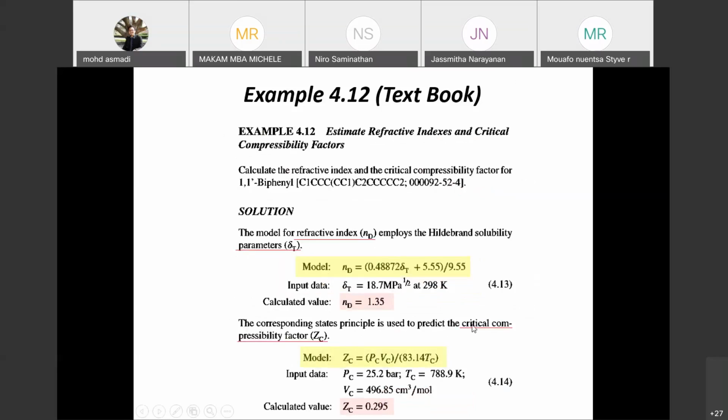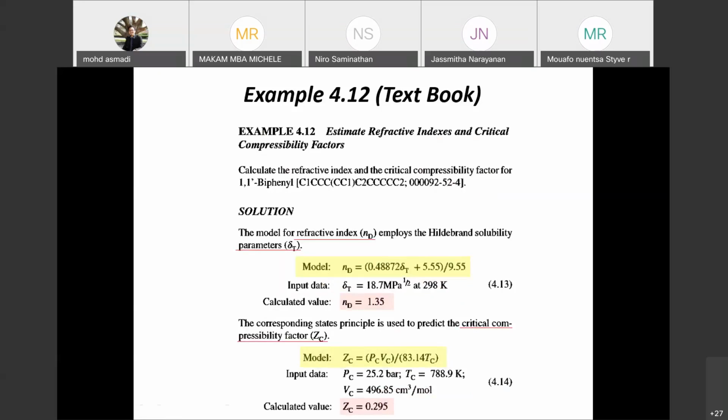Another example is the refractive index and critical compressibility factor. If you remember the compressibility factor, the model is PV equal to ZRT.